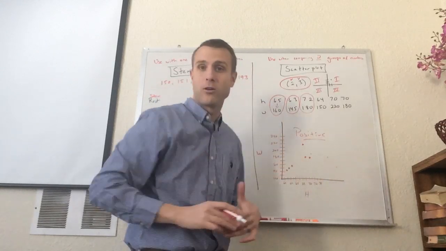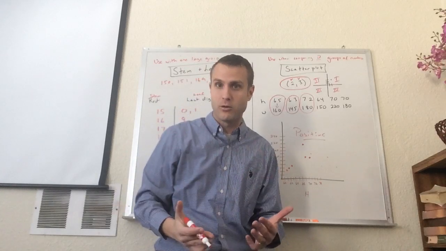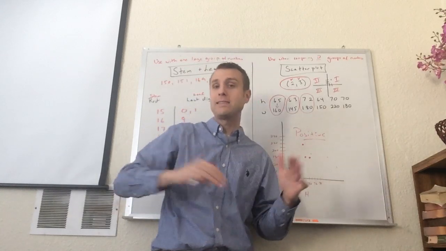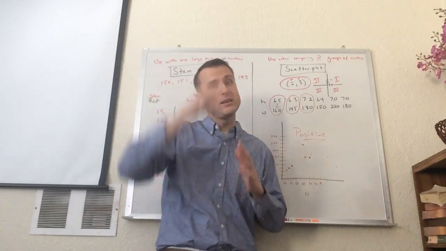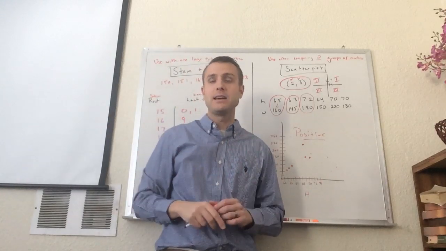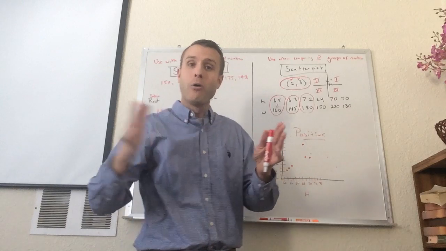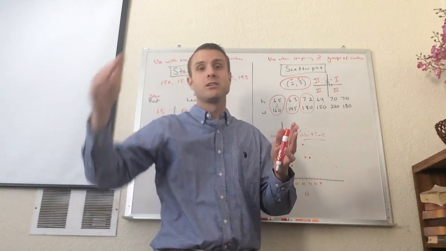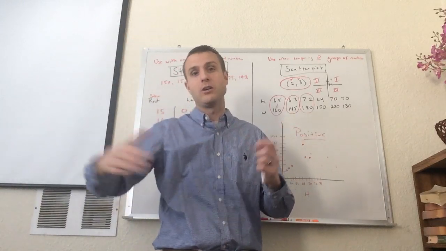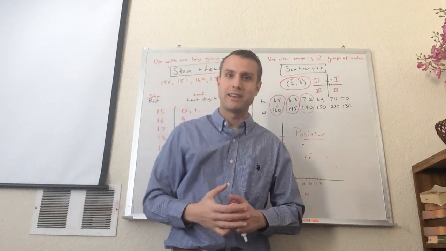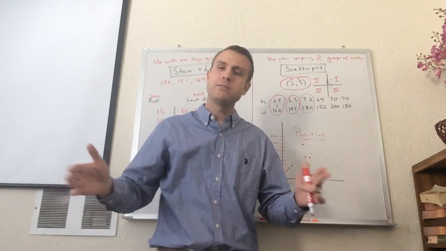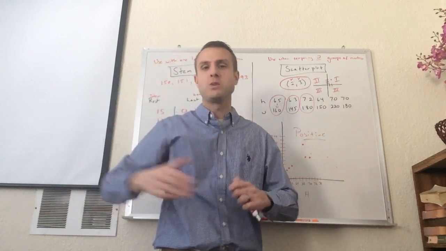They're going to go down. That's a negative correlation. So if from left to right they go up, that's positive. If left to right they go down, that's negative. What that means, obviously, is the more hours of TV I watch, the lower my GPA goes. So there was a negative correlation between hours of TV watched and GPA.